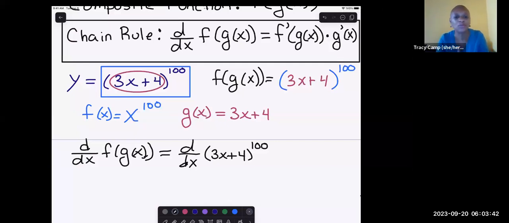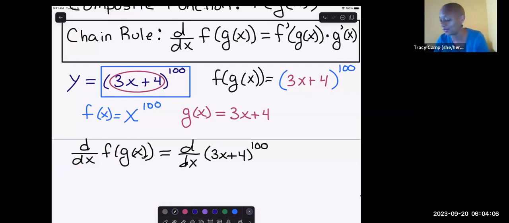So what the chain rule says is that for the derivative of this thing, you're going to look at it as kind of like a blob raised to the power of 100, and then apply the power rule. So it's like, okay, I have this thing raised to a power, I use the power rule.